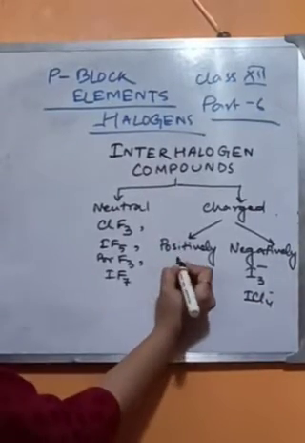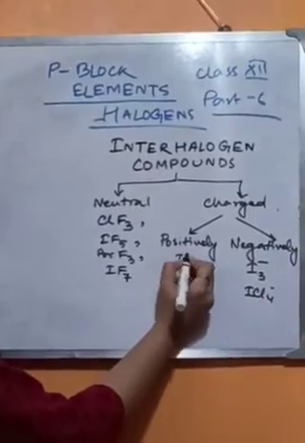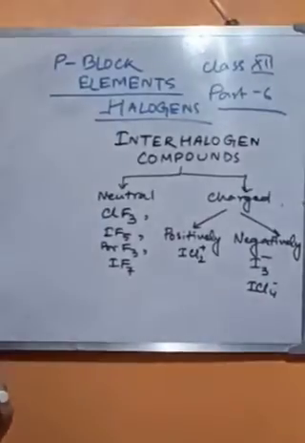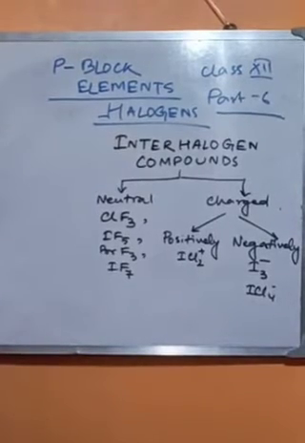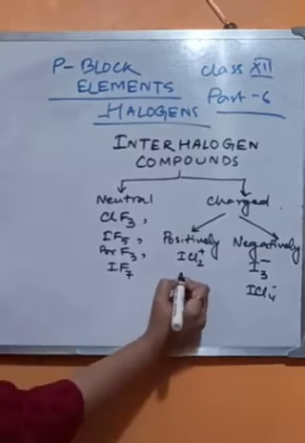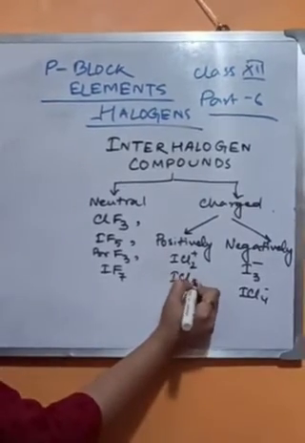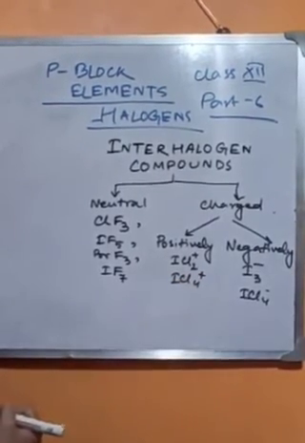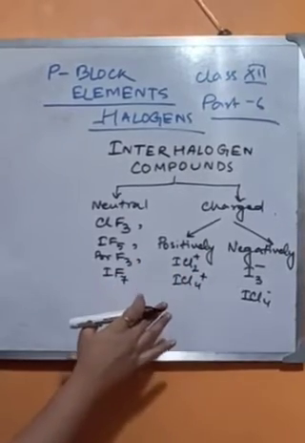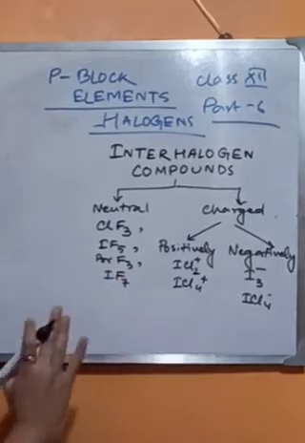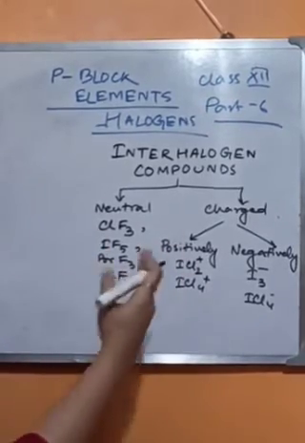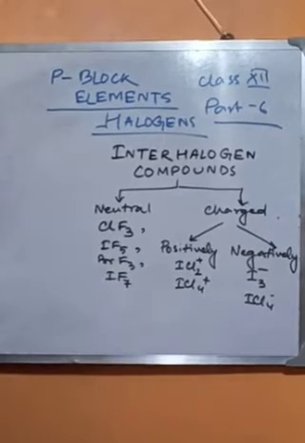Among positively charged, the example can be ICl2 plus, ICl4 plus. Okay, there are many other negatively and positively charged interhalogen compounds. So these are basically about the classification of the interhalogen compounds.